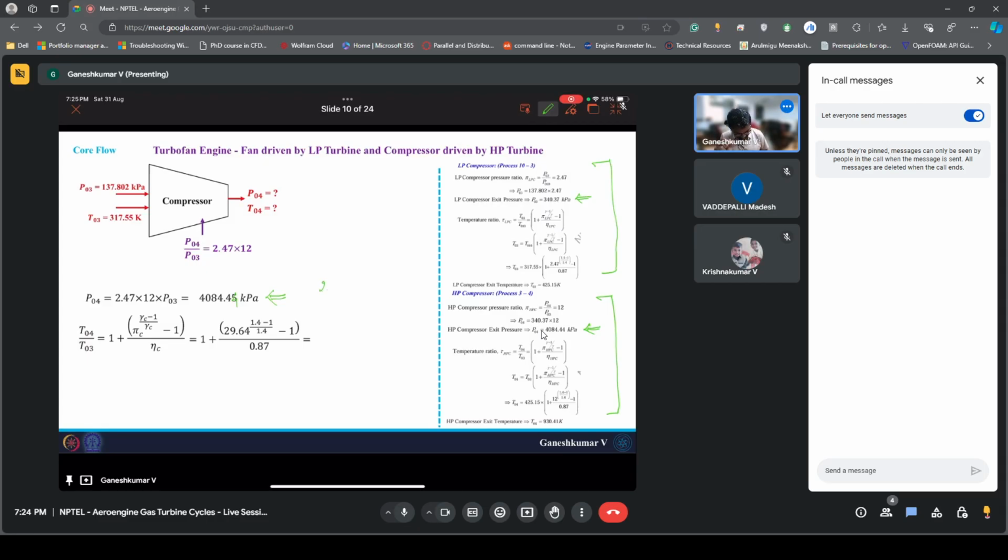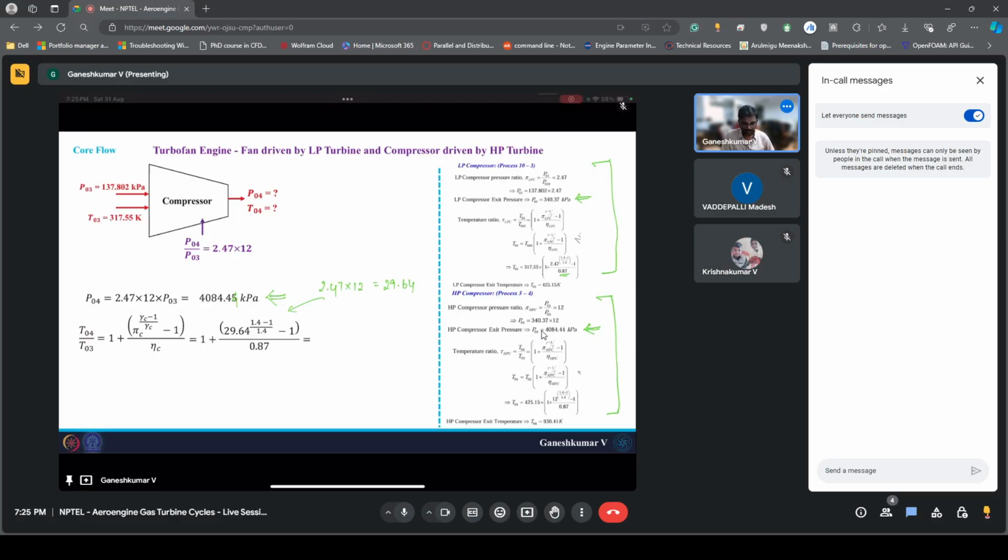So that is what you will see over here. And if you do that with the isentropic efficiency of 87 percent for the compressor, which is what we used, you will end up having a temperature ratio of 2.8776.